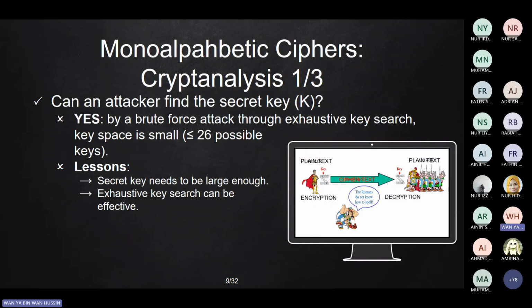This is what will happen when we apply brute force attack. We do try and error, trying every single key, 1 to 25.